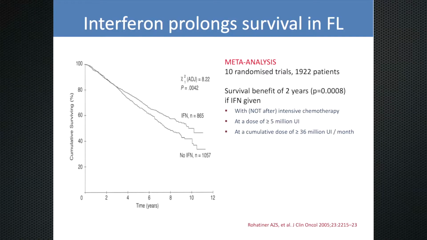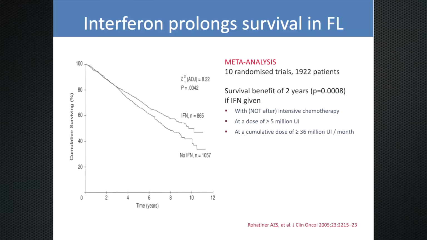This is a meta-analysis of 10 randomized trials encompassing almost 2,000 patients and showing an overall survival advantage for patients in follicular lymphoma treated with interferon, but only if they were treated with interferon at the same time as chemotherapy and at doses bigger than 5 million per time, and a cumulative dose of more than 36 million per month.